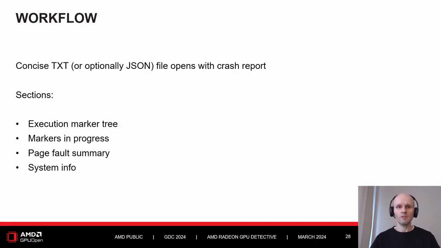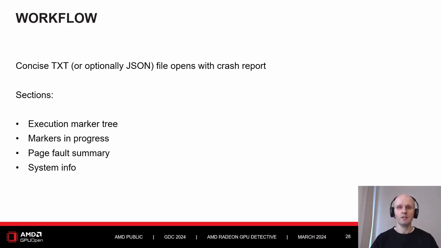The report contains 4 sections. Let's go through them one by one. As I mentioned before, the tool keeps track of completion status of all the commands. These commands include execution markers, which are presented in the execution marker tree and markers in progress sections.